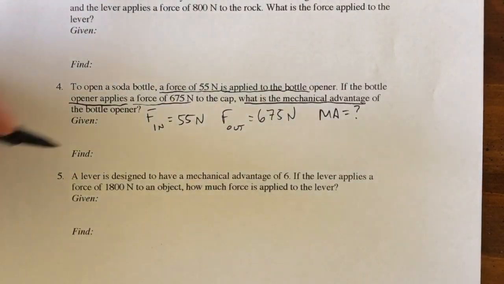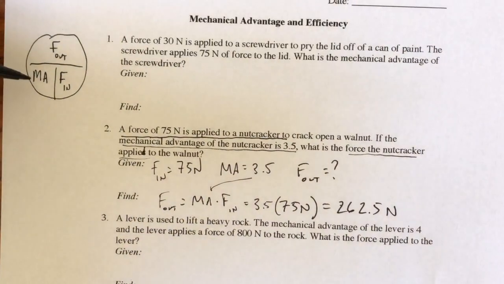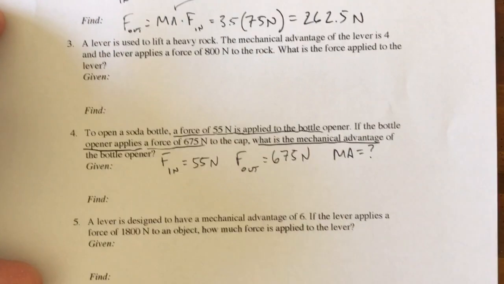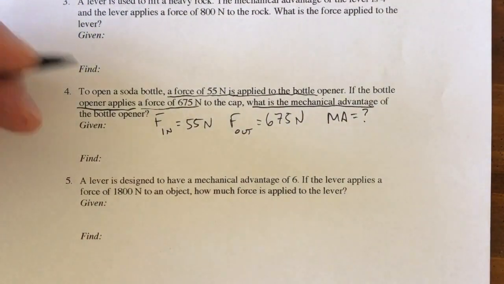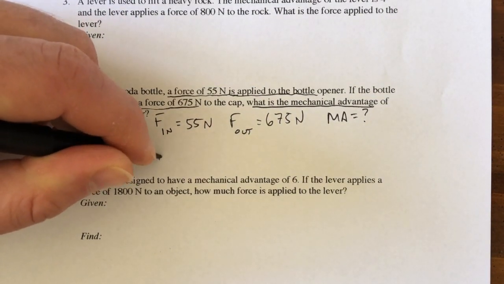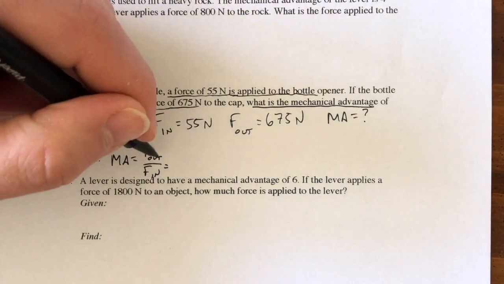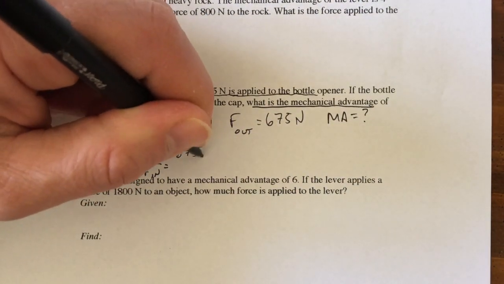All right, so now we go back to our equation, and MA is what we want. F out we have, F in we have, so it's F out over F in equals MA. And now we plug numbers in. So F out is 675 newtons.